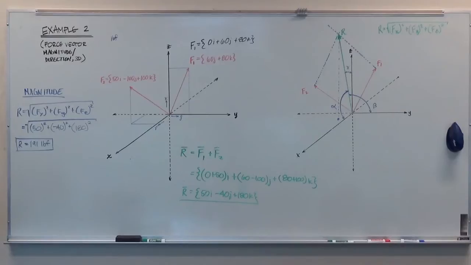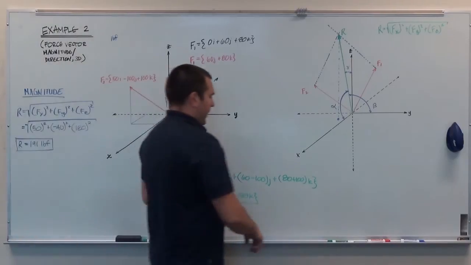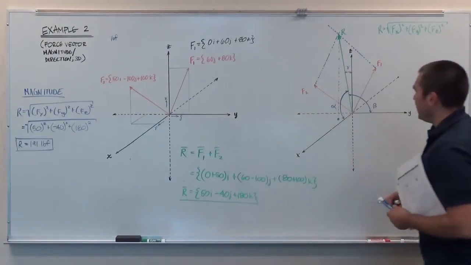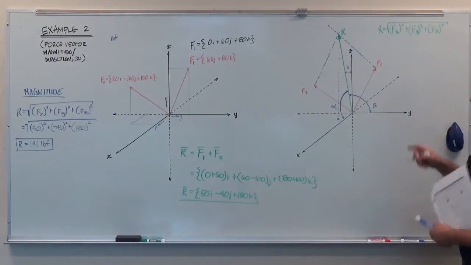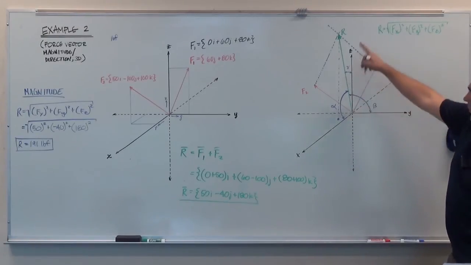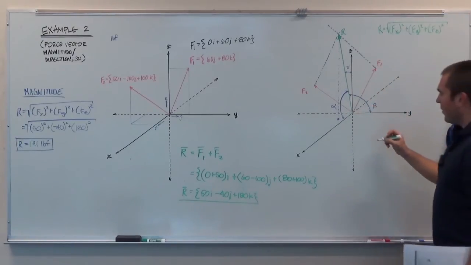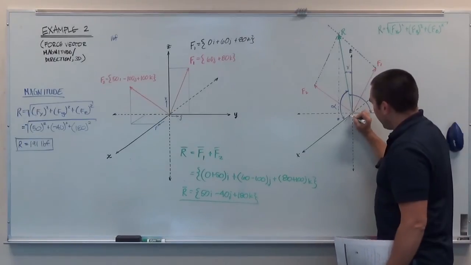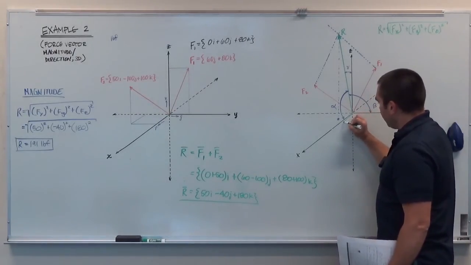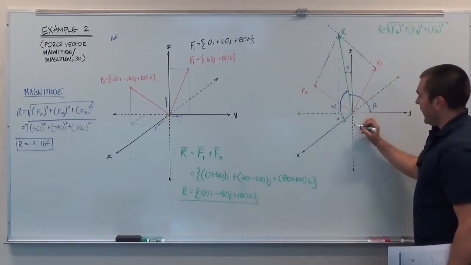Okay, so the next thing that we're trying to find, actually another thing we could probably draw on this chart that might help things out a little bit, is I could draw the components of this resultant in the x, the y, and the z direction. So in this case, we're going to have some component of this resultant vector in the x direction.